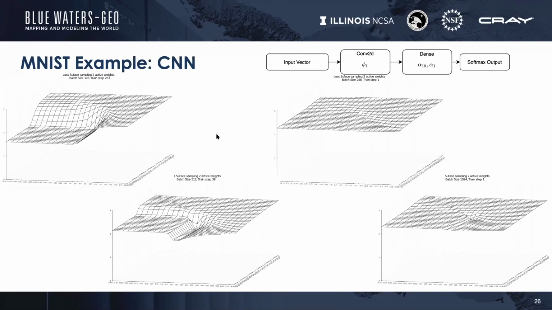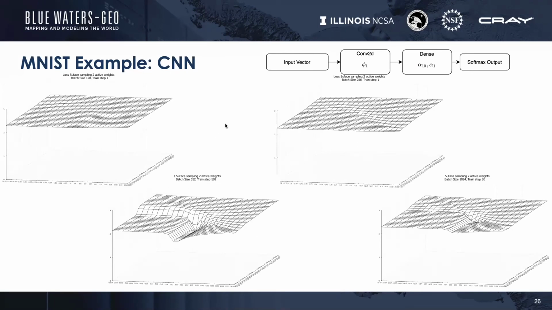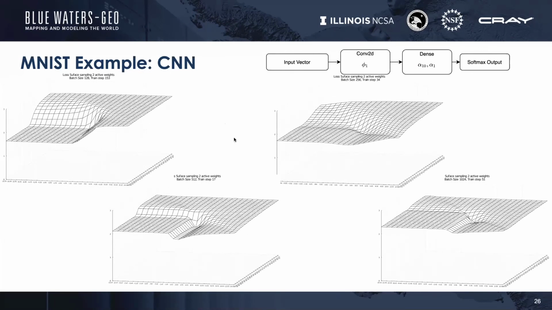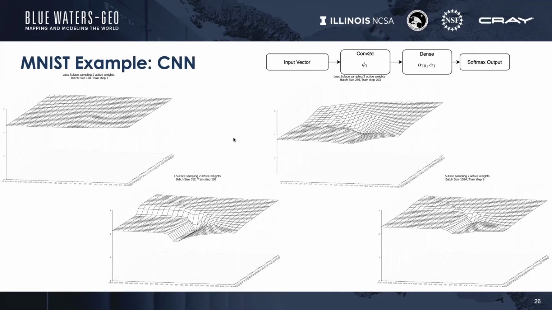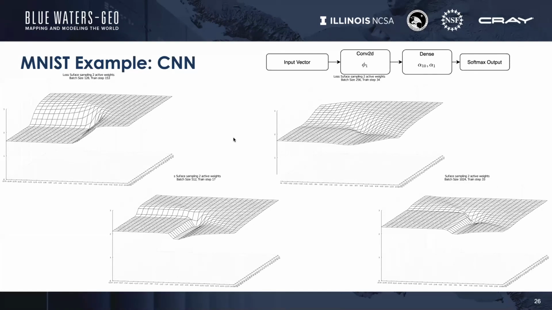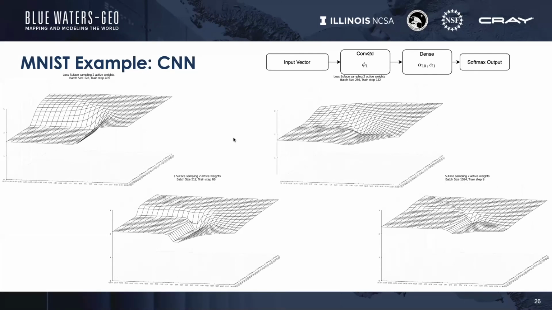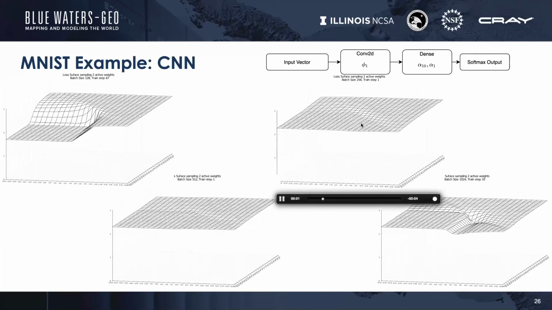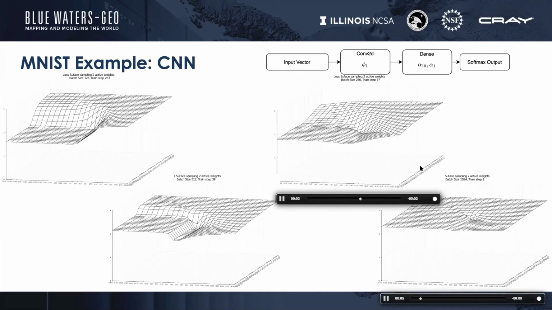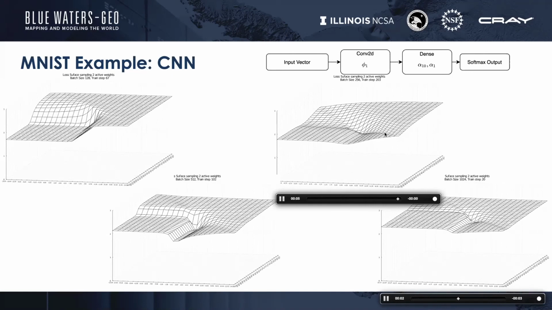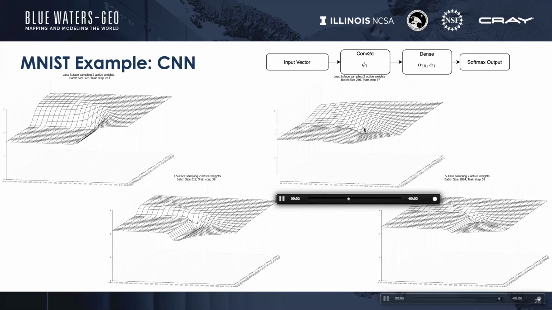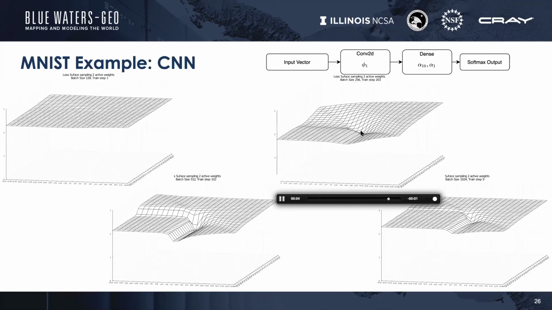Already we added a new ingredient into our model design, and the topography of the loss functions already changes a little bit, or quite a bit. You get these little pinches in the middle, these cusps. The literature out there indicates that this is a little bit of the result of convolutions.